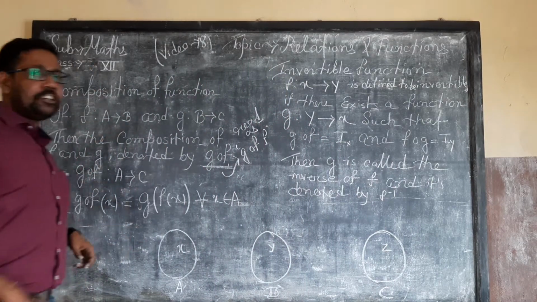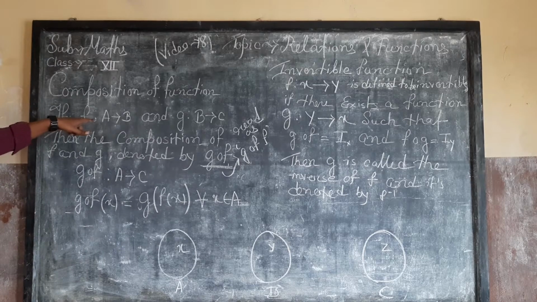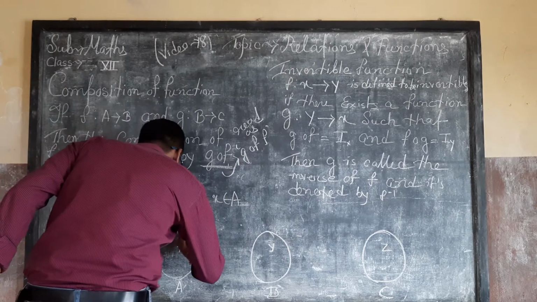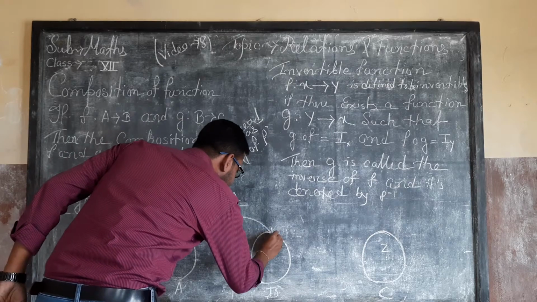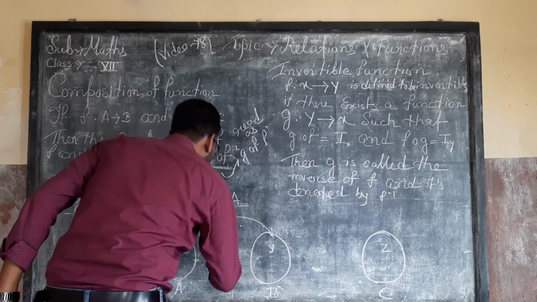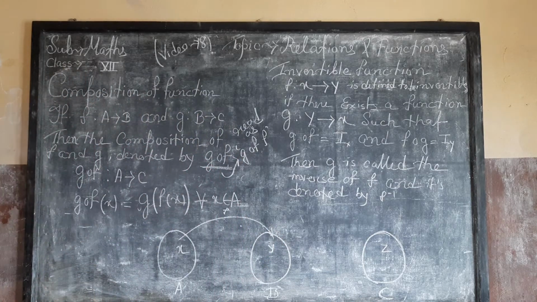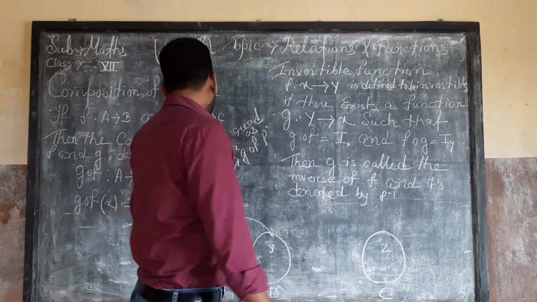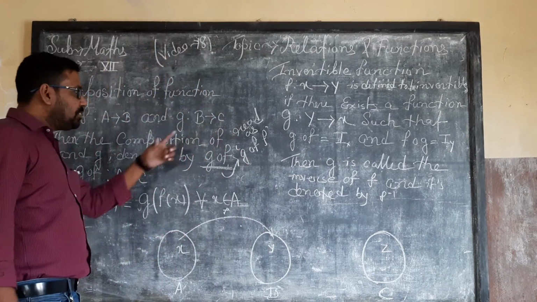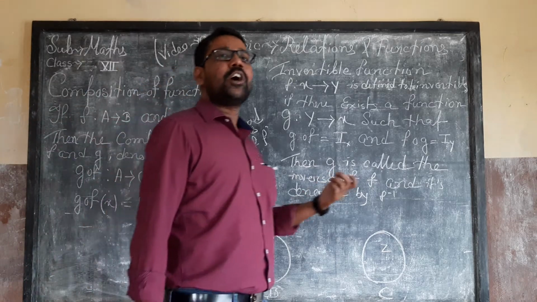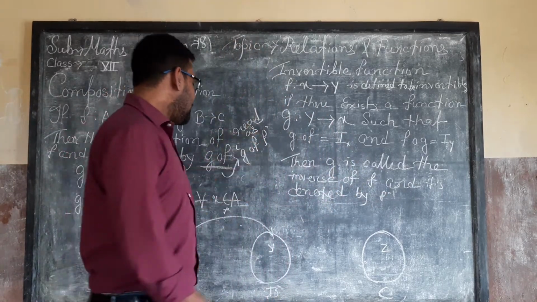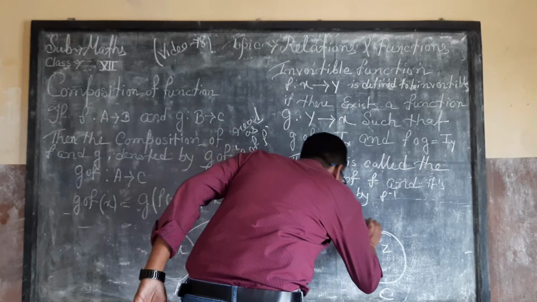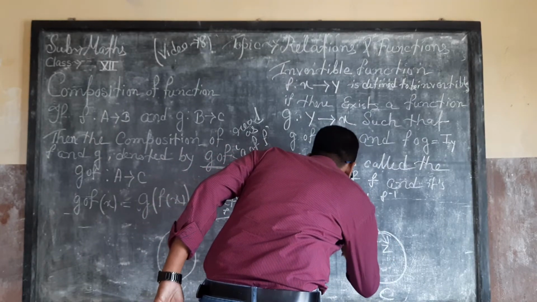As per our definitions, f is a function from A to B, and g is another function from B to C.